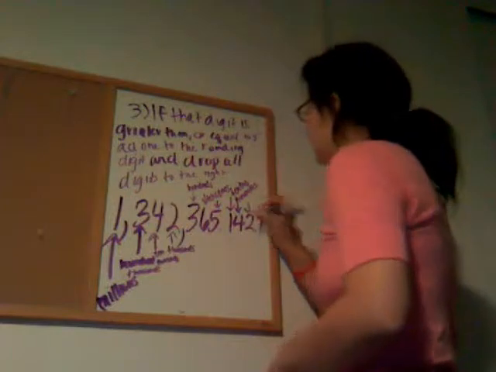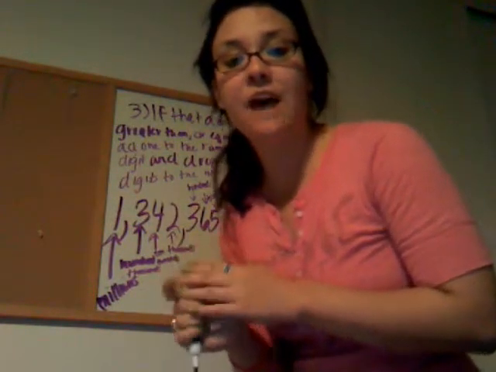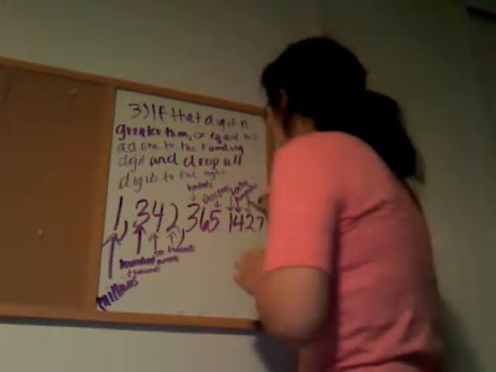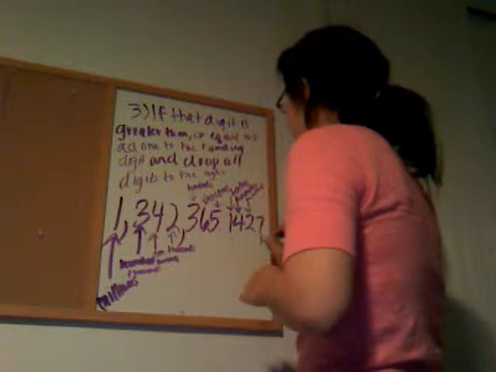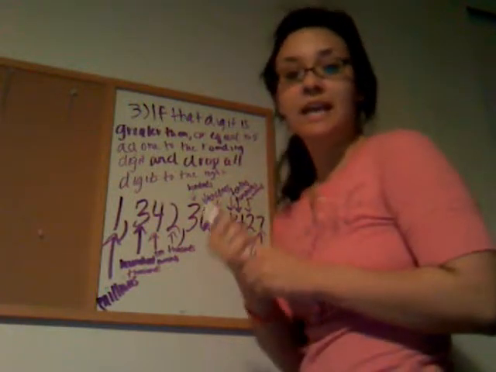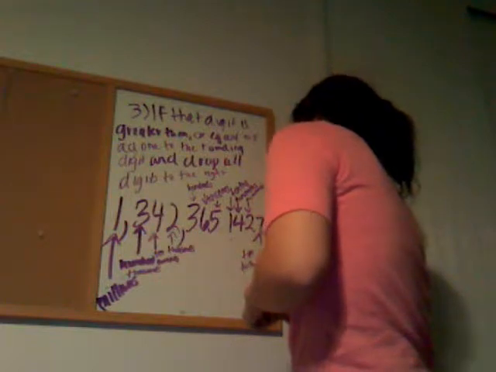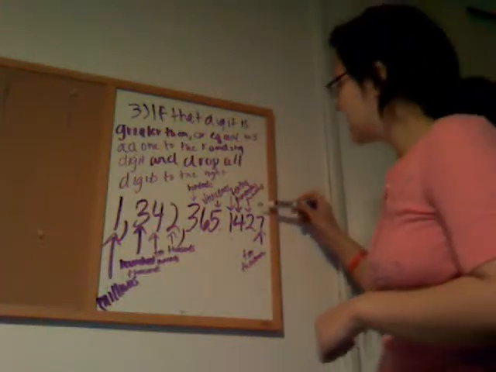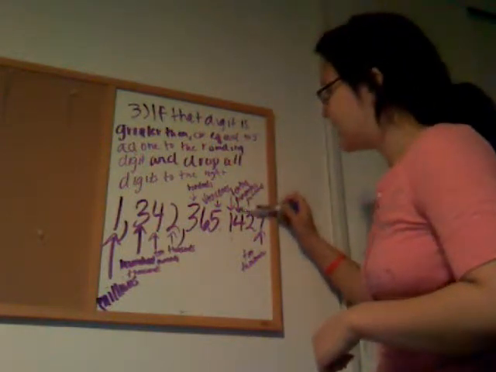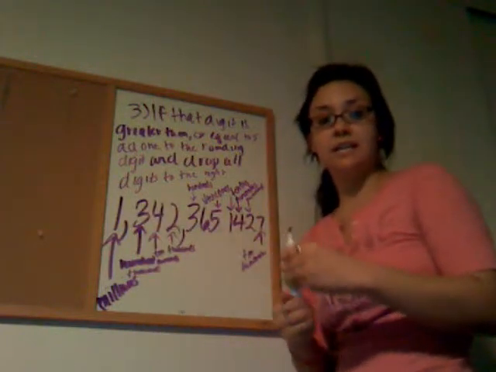And this 2 is in the thousandths place. And this 7 is in the ten-thousandths. So, ten-thousandths, thousandths, hundredths, tenths, and then the rest there.